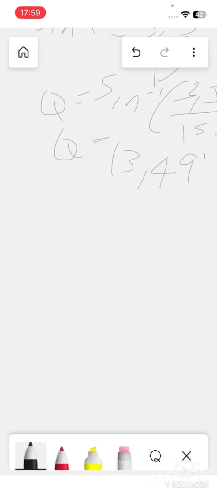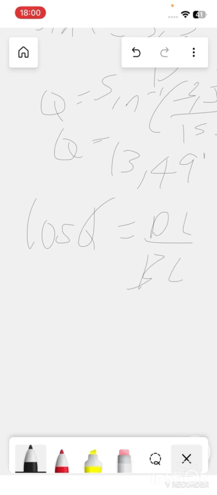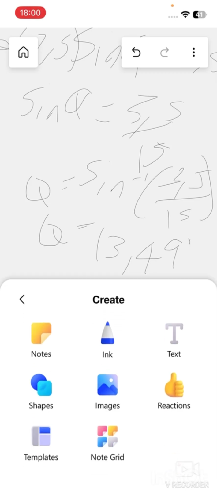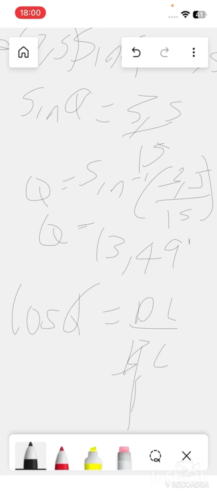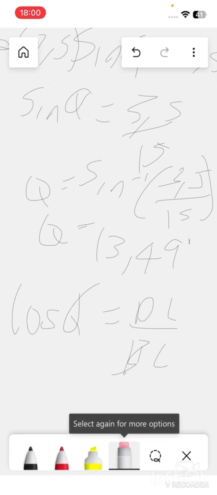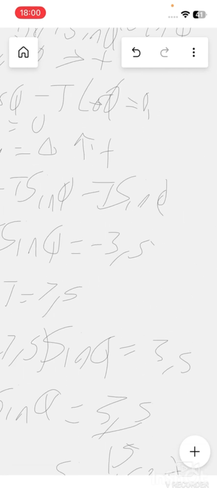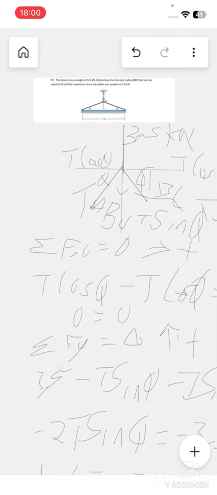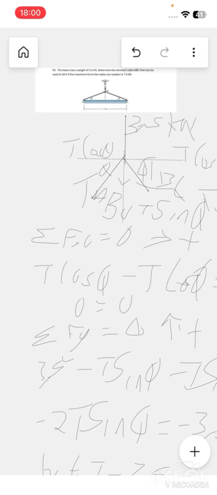But we do understand that. Therefore, cos theta is equals to DC over BC, which is, let's go to the diagram. I want to show you something. This is AB.